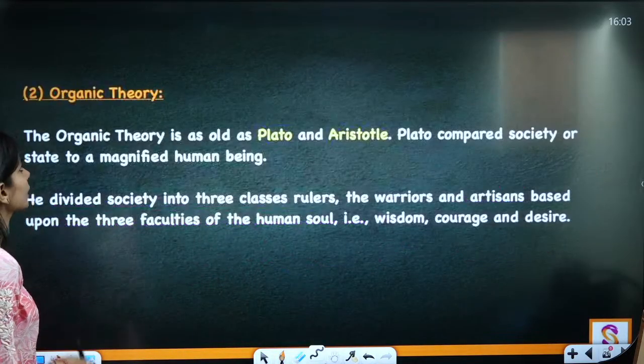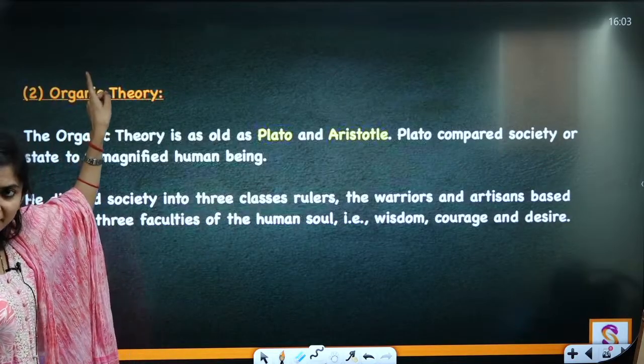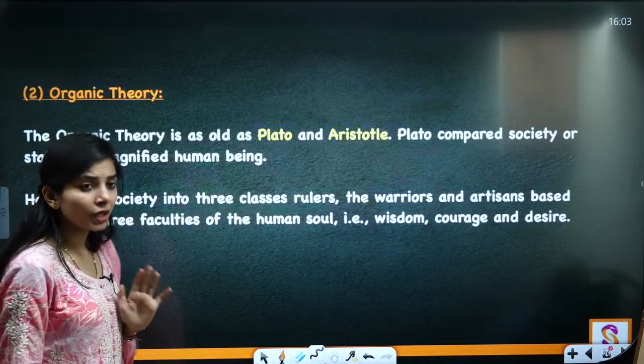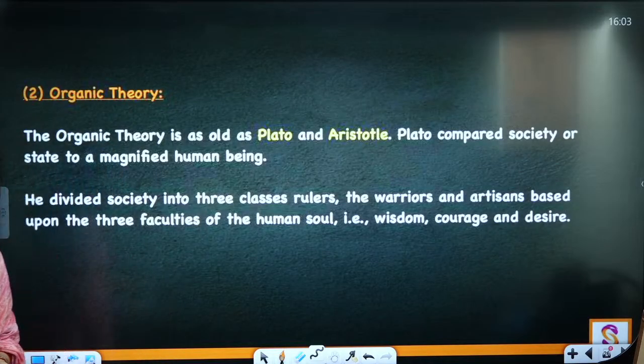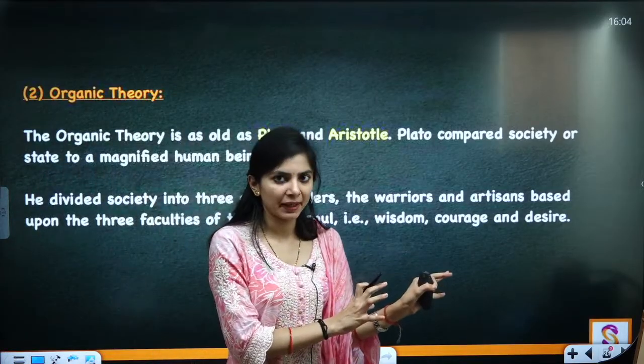Now, we have specified the social contract theory. Now we are left with the organic theory. Organic theory has a different view, and it is specified in another format. Organic theory is not talking about the need aspect.